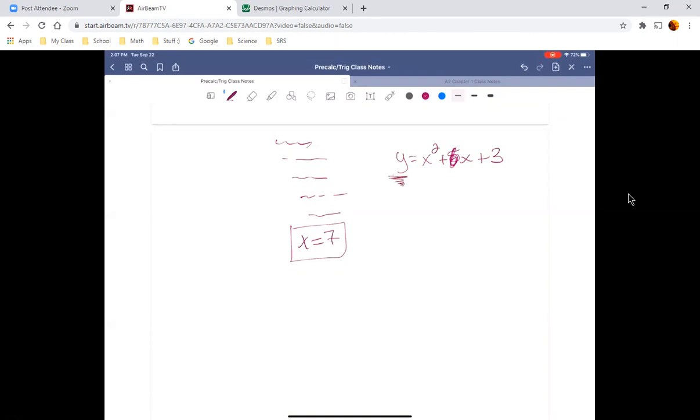So you plug the 7 into x, and you get y equals 49 plus 42 plus 3. That's 91, plus 3, so y is 94. So they intersect at the point (7, 94).